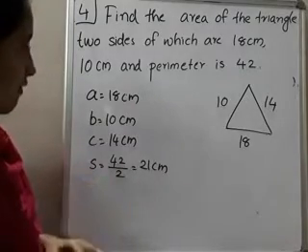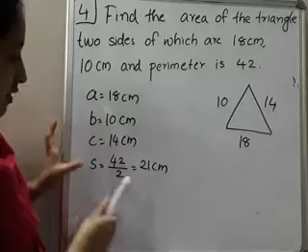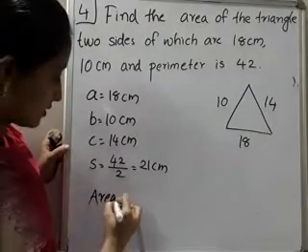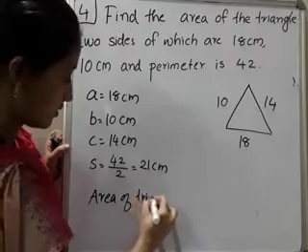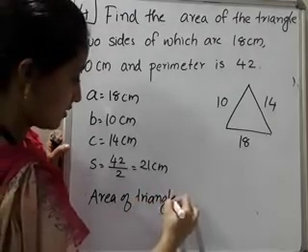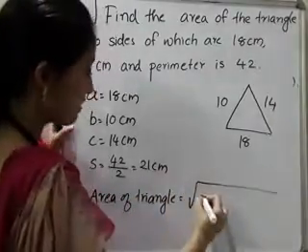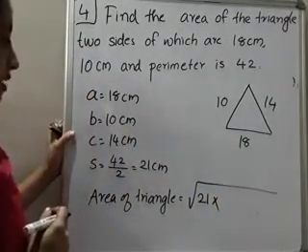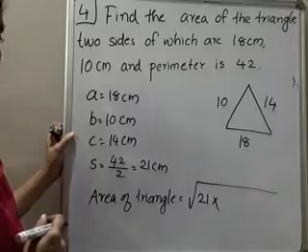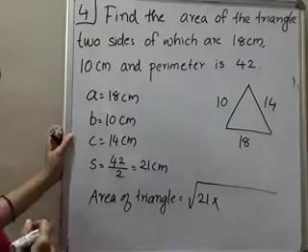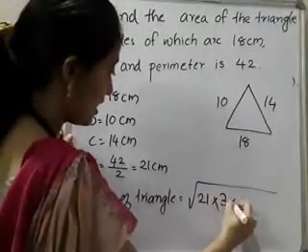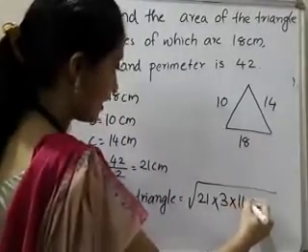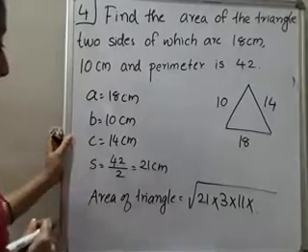That is equal to root of S, which is 21, into 21 minus 18. What is 21 minus 18? Please say. Yes, 3, into 21 minus 10, that is 11, into 21 minus 14.